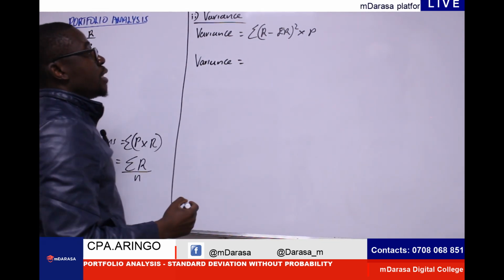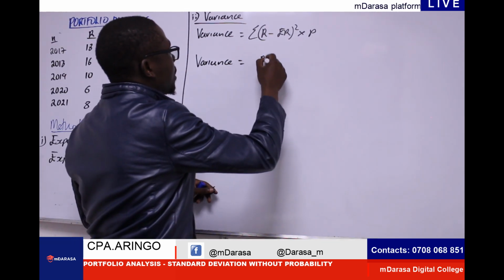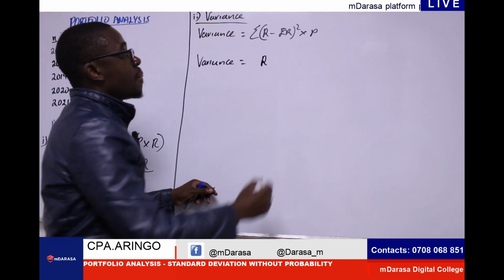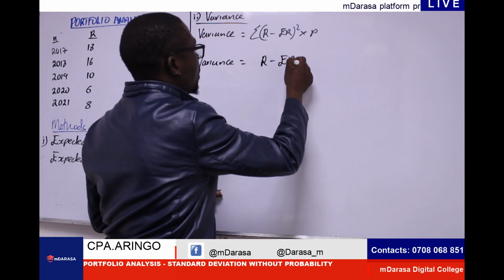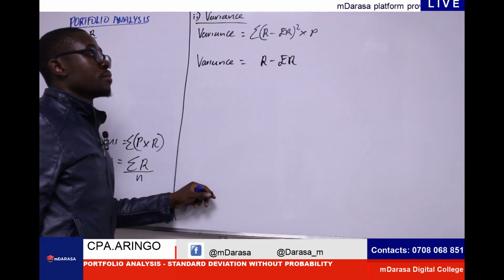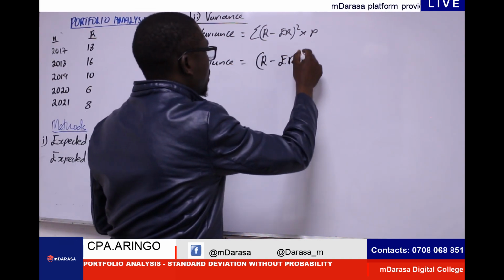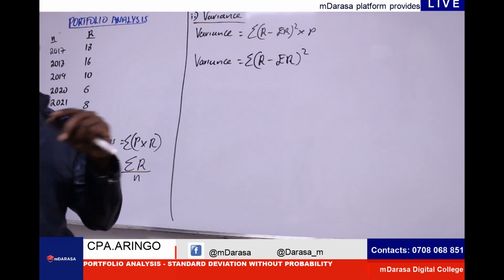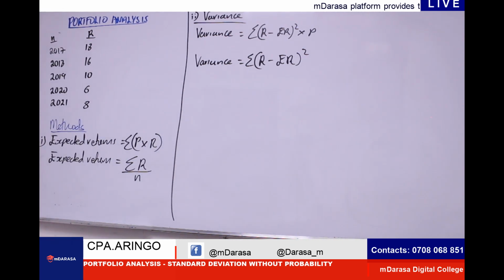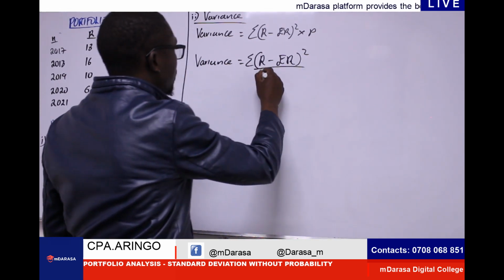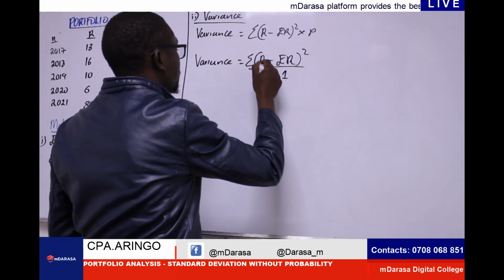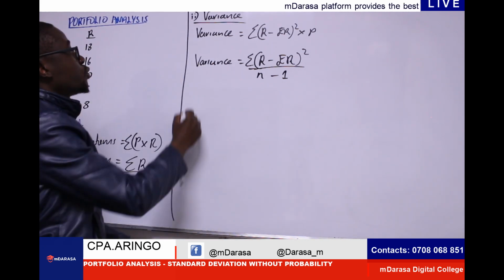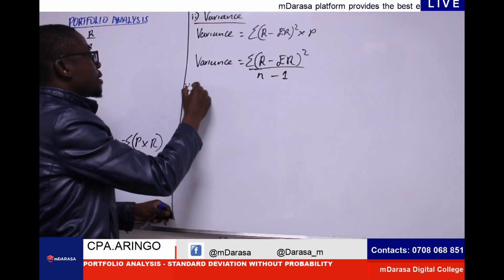We are going to take our returns minus expected returns, square, that is summation. What you're going to do this time around, my good students, is divide by n minus 1. Then that took us to number 3, standard deviation.